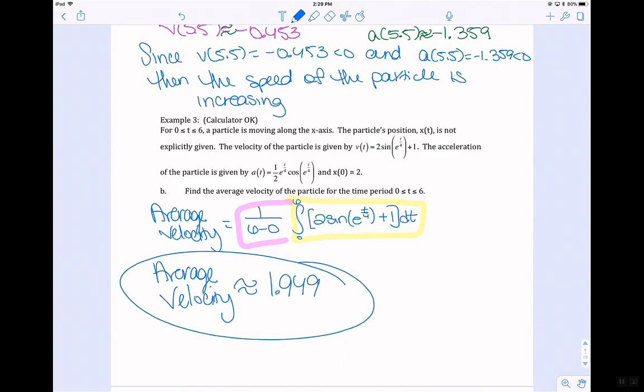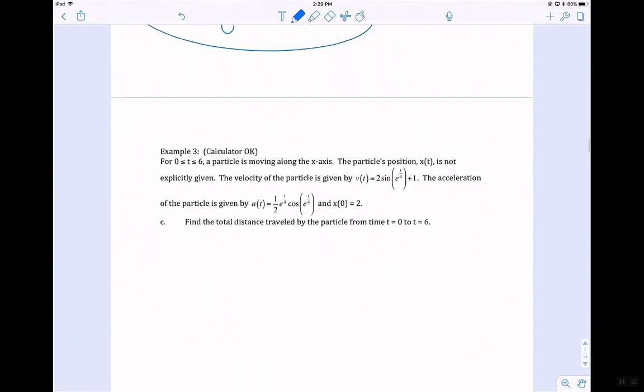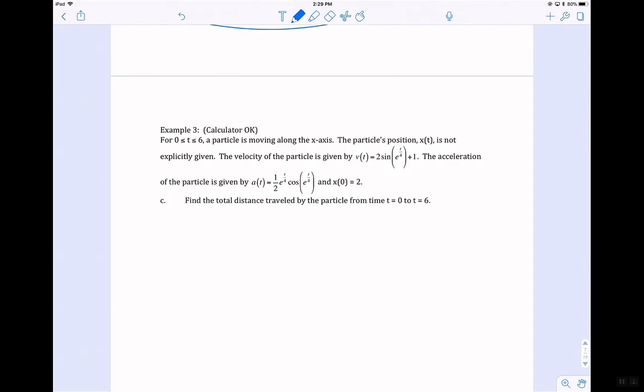So the last question is finding the total distance traveled. Now there's two ways of finding the total distance traveled: the way with a calculator and one without a calculator.